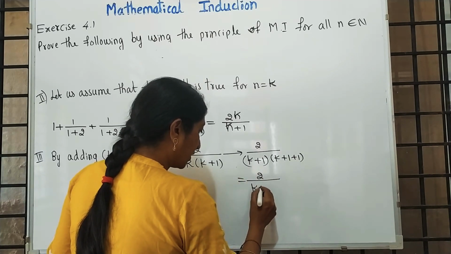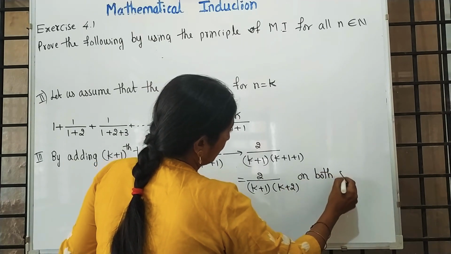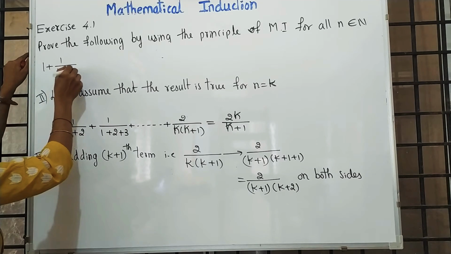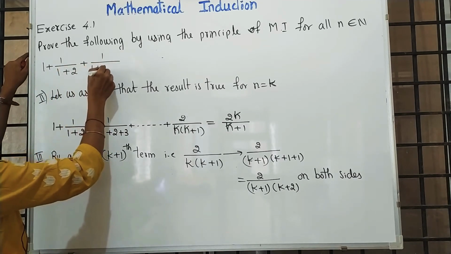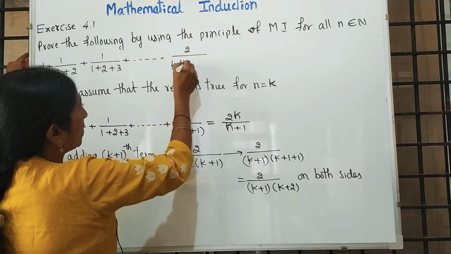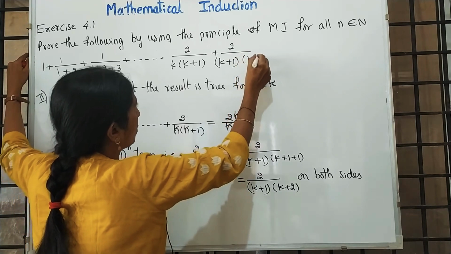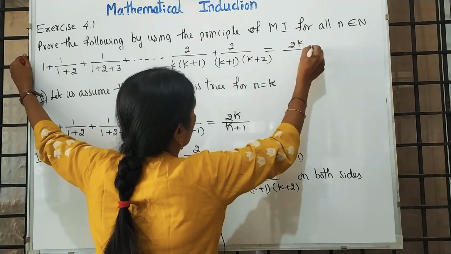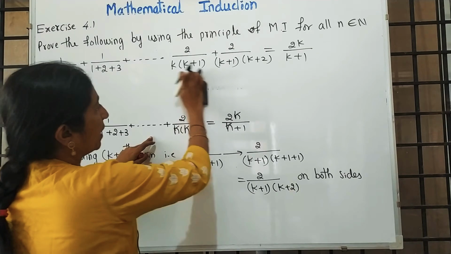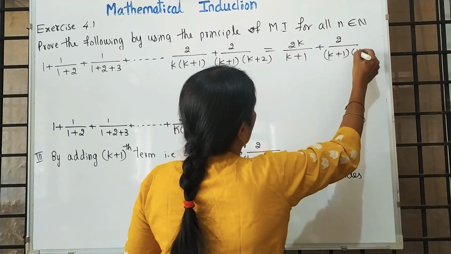We are adding 2 upon k plus 1 into k plus 2 on both the sides. 1 plus 1 upon 1 plus 2 plus 1 upon 1 plus 2 plus 3 plus continuation 2 upon k into k plus 1 plus 2 upon k plus 1 into k plus 2 is equal to 2k upon k plus 1 plus 2 upon k plus 1 into k plus 2.